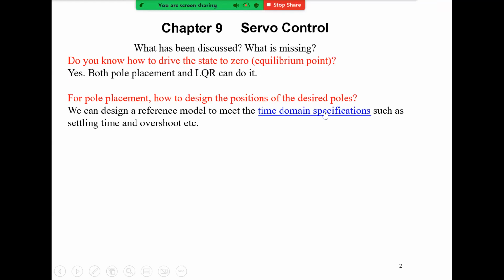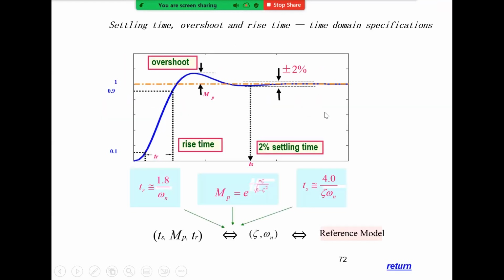We have some requirements on the settling time and the overshoot. You want the overshoot to be less than 10%. You want the settling time to be 1 second. Then we have the relationships between those time domain requirements and the damping ratio and natural frequency for the second order system. You design the reference model to meet those requirements. That's how we design the poles.